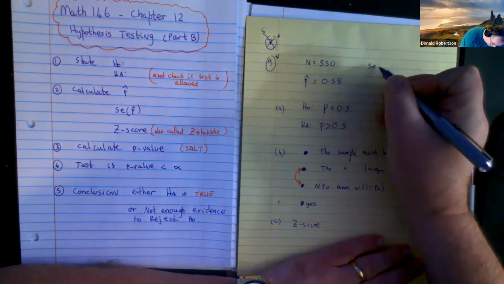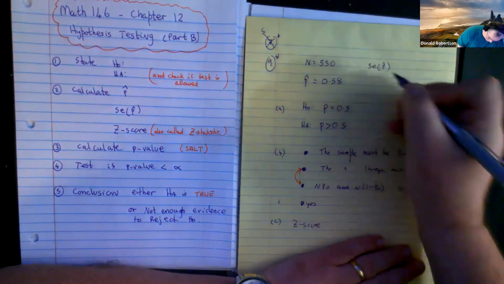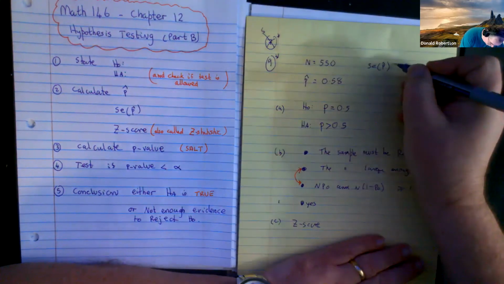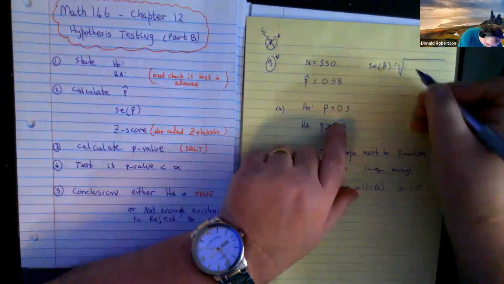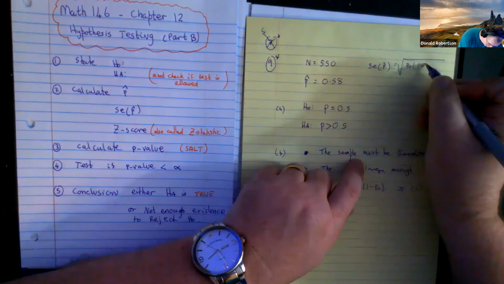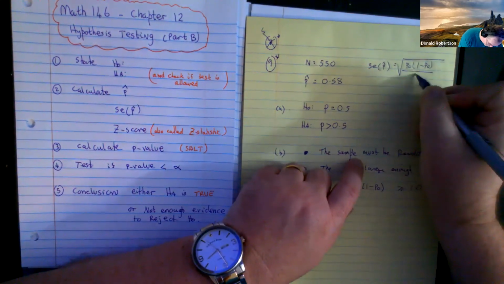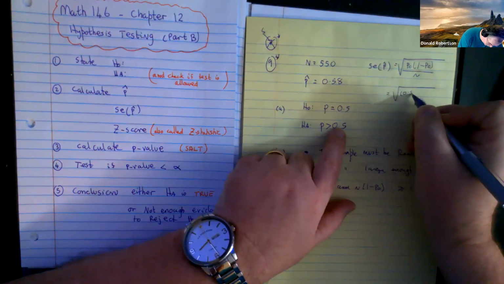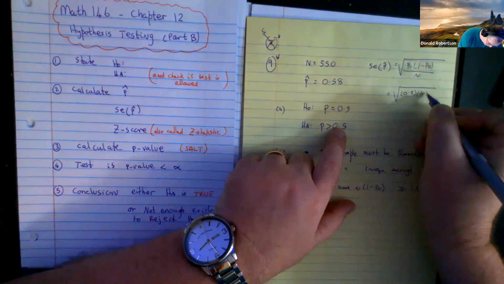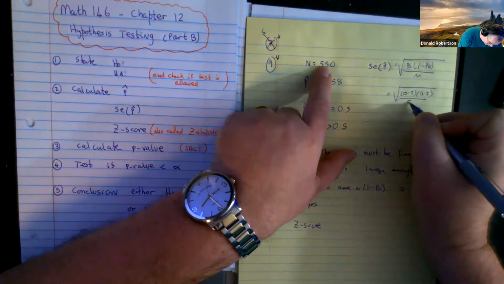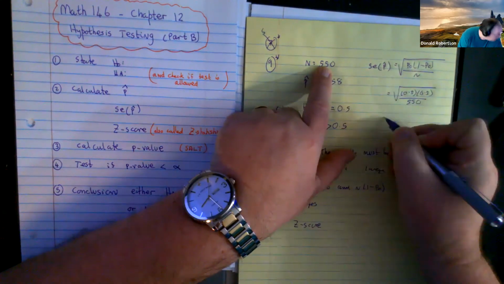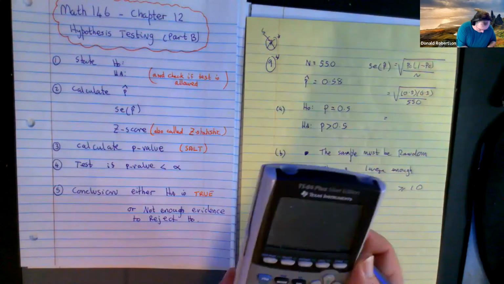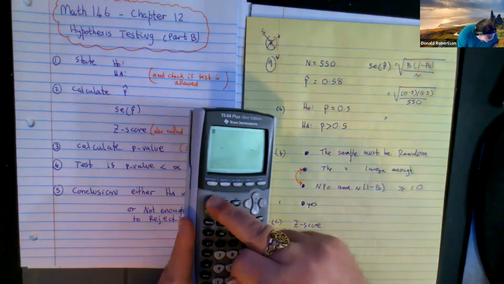In particular, I'm missing the standard error. So it's going to be the square root of p naught times 1 take away p naught, over n: 0.5, 0.5, 550. And they want 2 decimal places, so I'll try and remember to do that at the end.